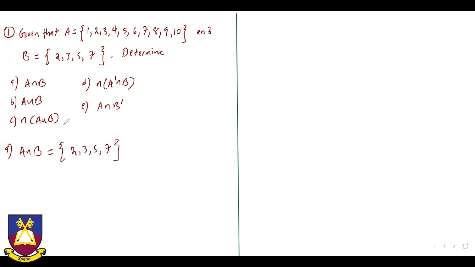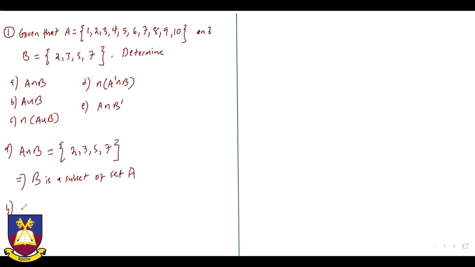We can see that since every element of B is a member of A, but not every element of A is a member of B, the implication is that B is a subset of set A, because every element in B is also in A.